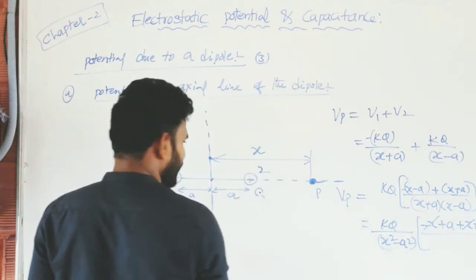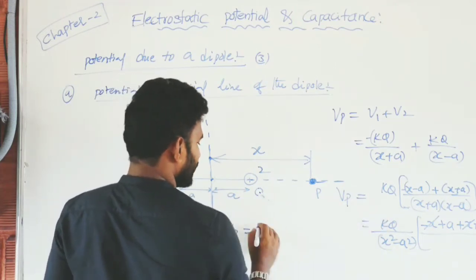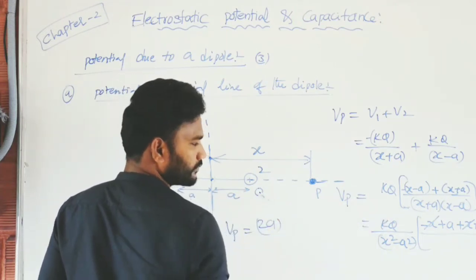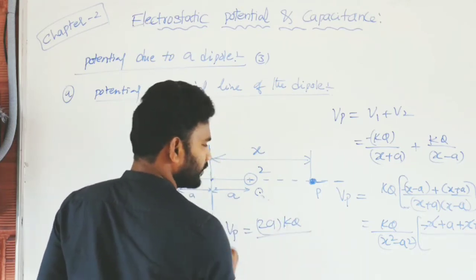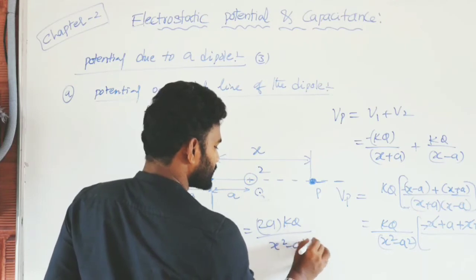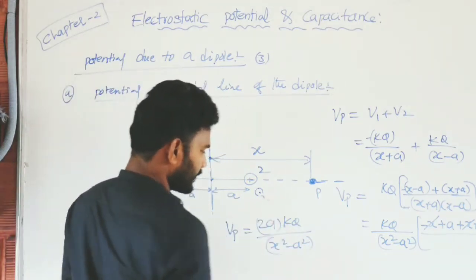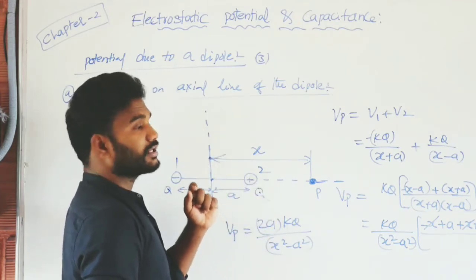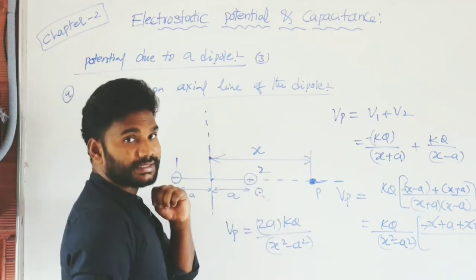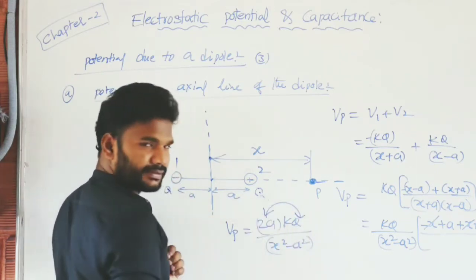So what is the final formula we will be getting? Vp is equal to 2a into kq divided by x square minus a square. This is the potential of the dipole on the axial line. See, 2a into q is the dipole moment.